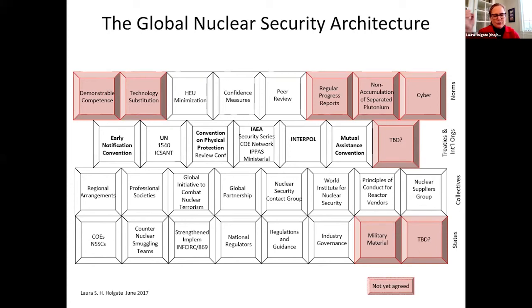So I'll just say that there's one other broad point, which is that sometimes this level of collectives, the second row, can also drive the levels above it and below it, because collectives can often move more quickly than the amendment of an existing treaty or the creation of a new institution or regulation at either the international or national level.